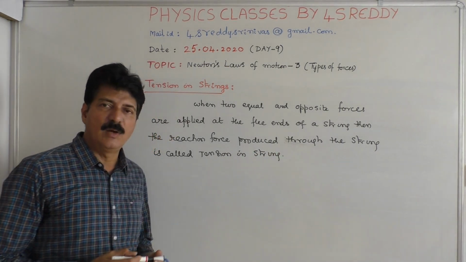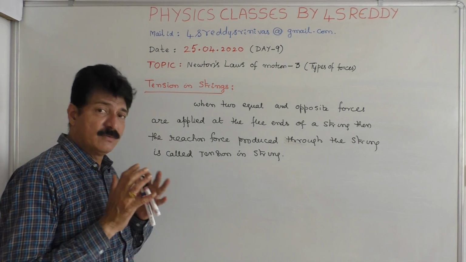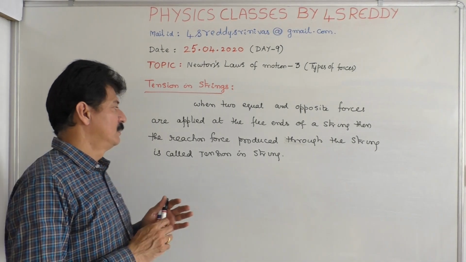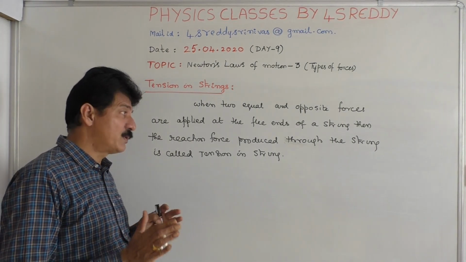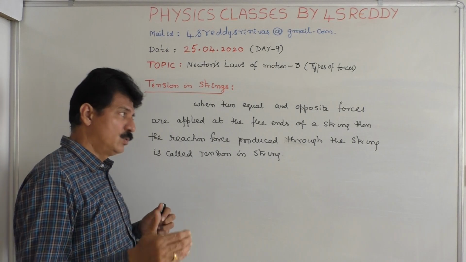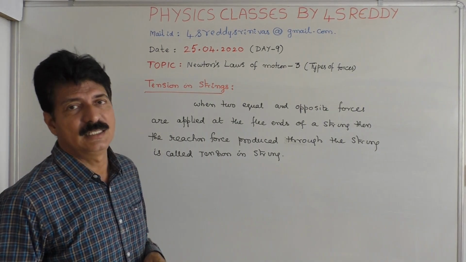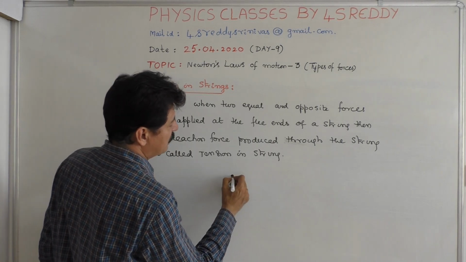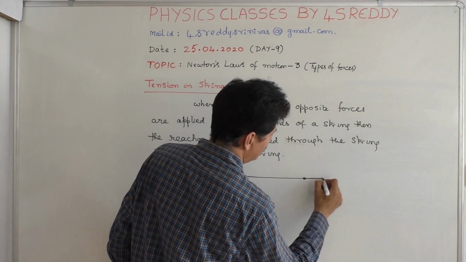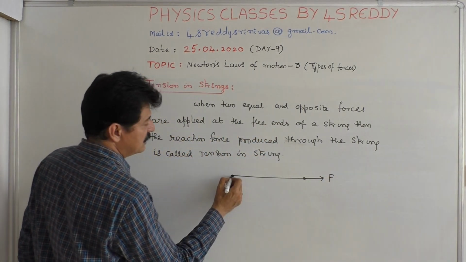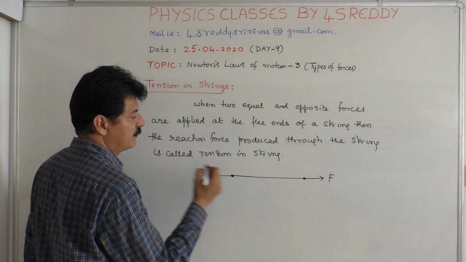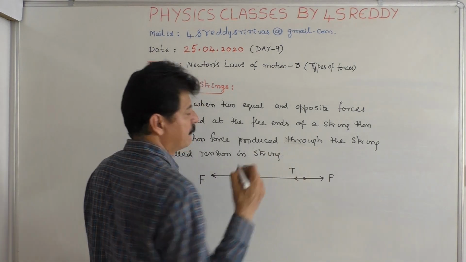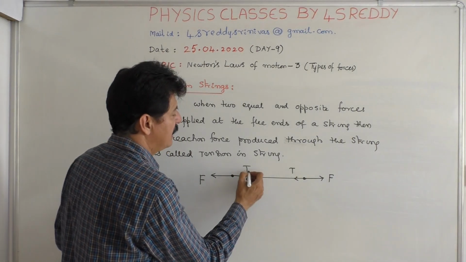That is, when two equal and opposite forces are applied at the free ends of a string, then the reaction force produced or developed through the string or along the string is called the tension in the string. That means, suppose this is a force F, this is the free end of the string, this is F, then the reaction force developed in the string is called the tension.